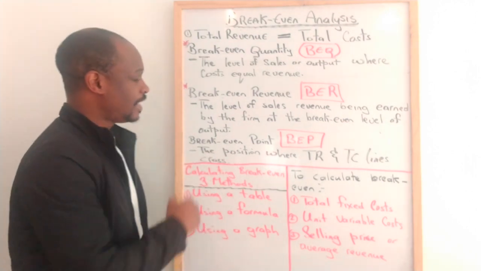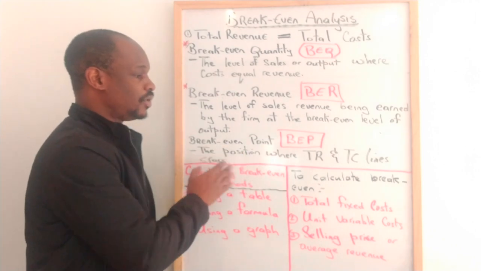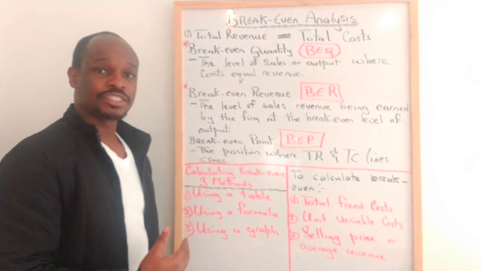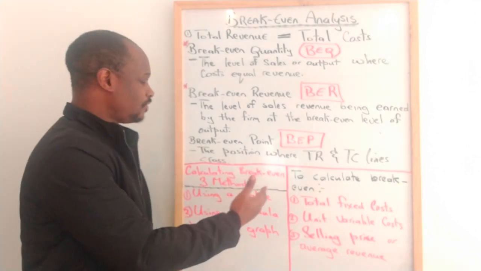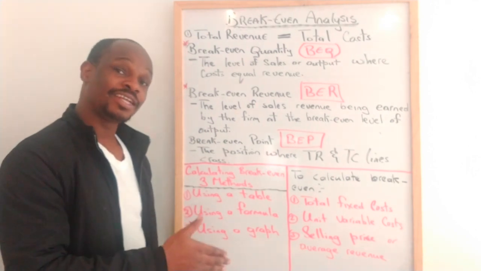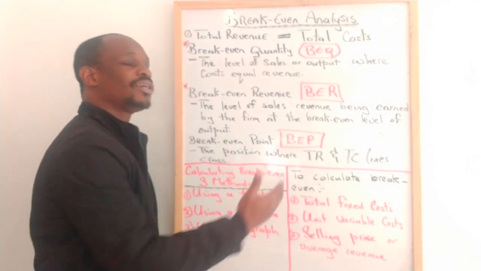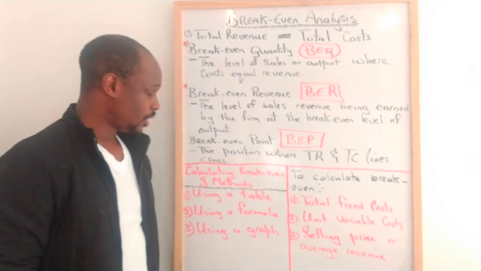And then we have the break-even point. Once you see the break-even point, you know that you're going to be creating a graph, because the break-even point is the position where the total revenue line crosses the total cost line, and that is very important for you to highlight and to know.